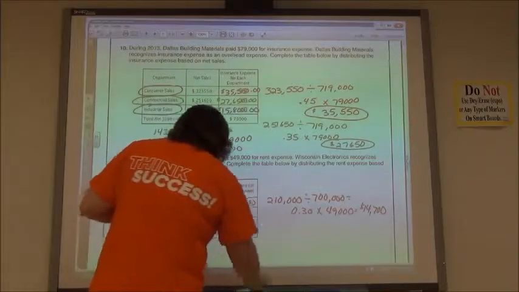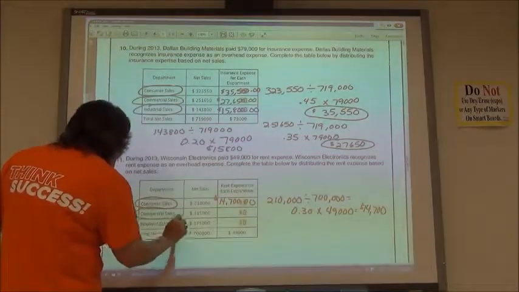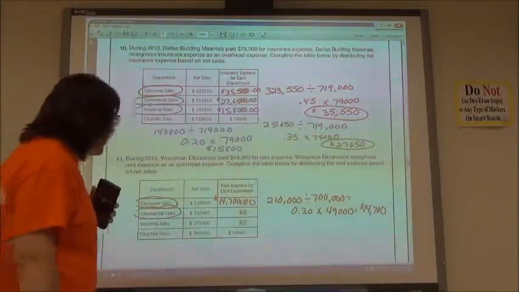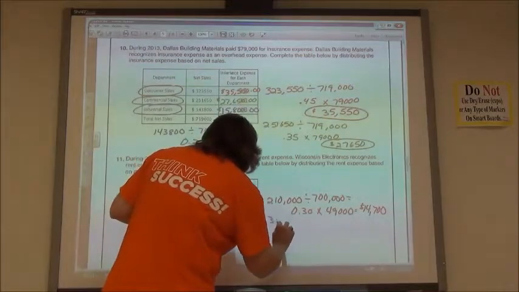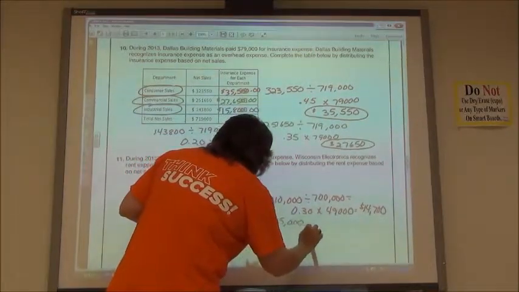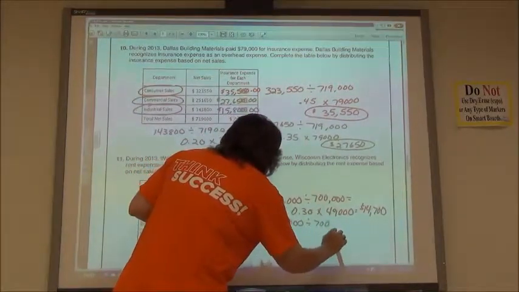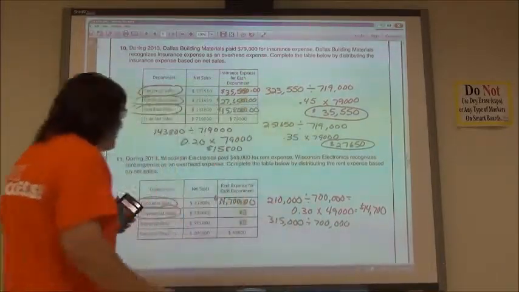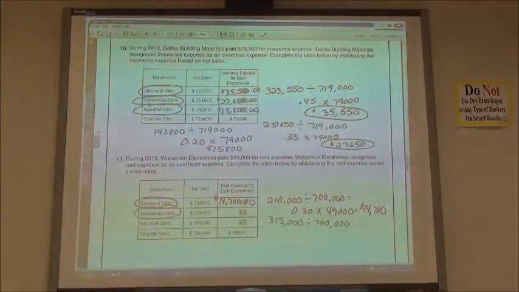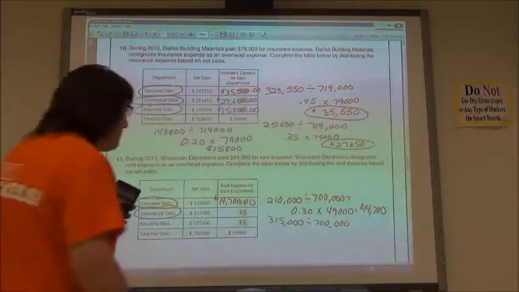Commercial sales. For our commercial sales, we had $315,000 in net sales. We're going to divide it by the total of $700,000 to find the percent of sales there. So 315,000 divided by 700,000 gives me 45%.